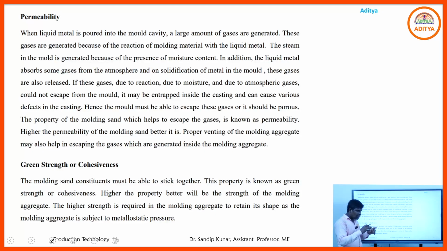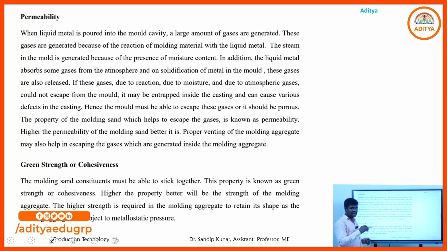So if we use fine molding sand, it has some passages, and due to those passages the gases or air will easily come out of the mold cavity to the air.